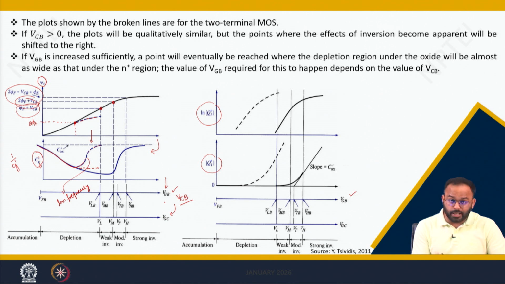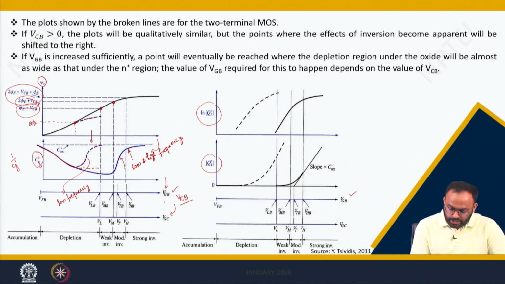However, when you connect VCB, the inversion charge is connected with the external contacts. So when you change VCB, the change in frequency can be responded to by the change in charge, and hence this graph is for both low and high frequency.